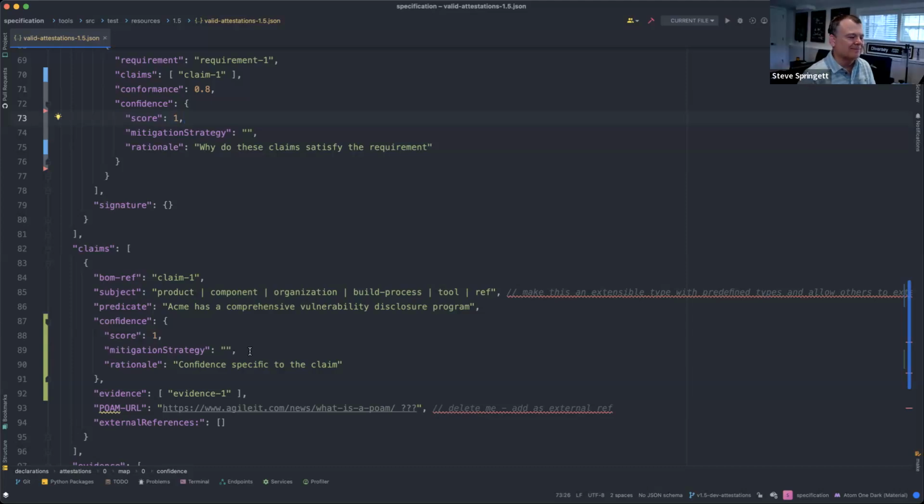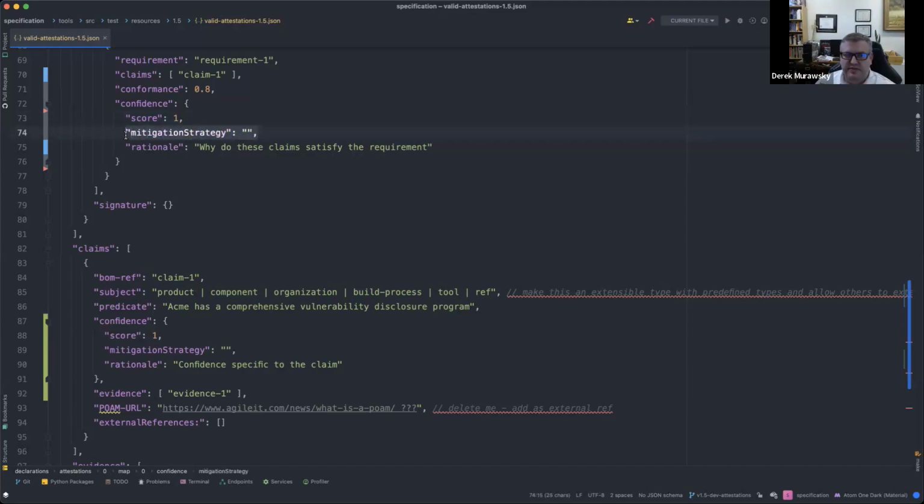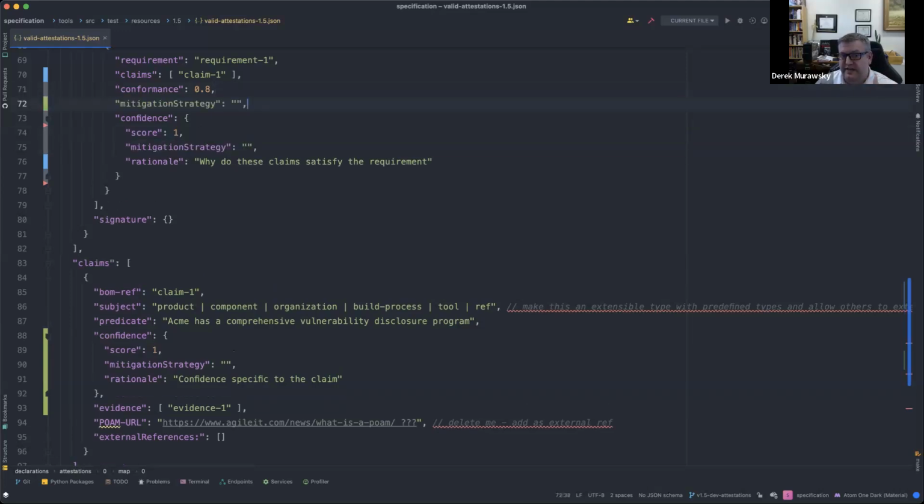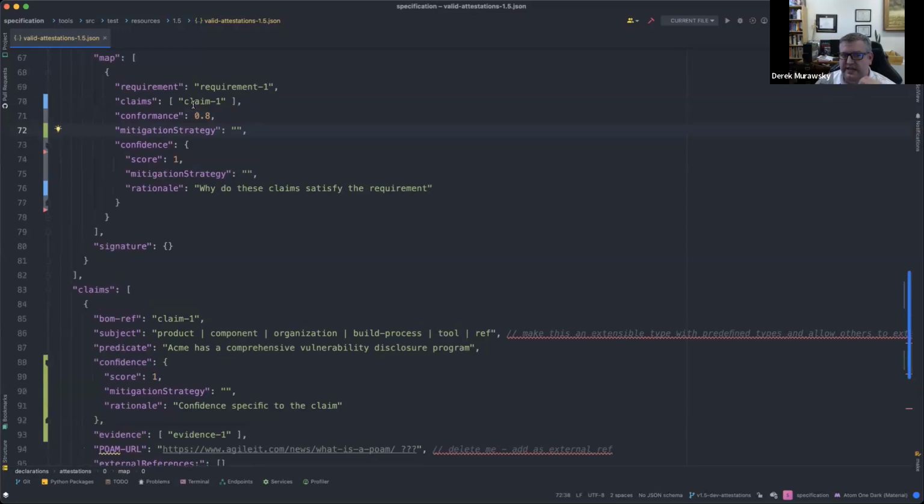Yep. And so do we really need to capture mitigation strategy as part of confidence then? In either case, for claims or requirements, I'm wondering. I'm throwing that out there purely as a thought and conversation piece, but if a mitigation strategy becomes a piece of evidence, do we really even need to have that?